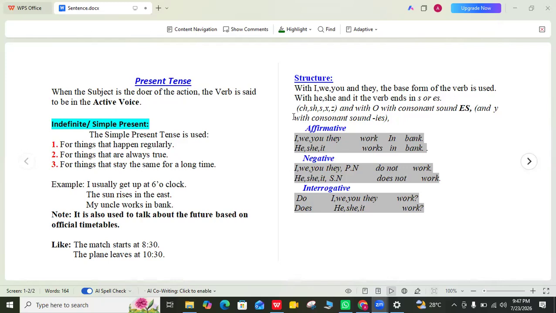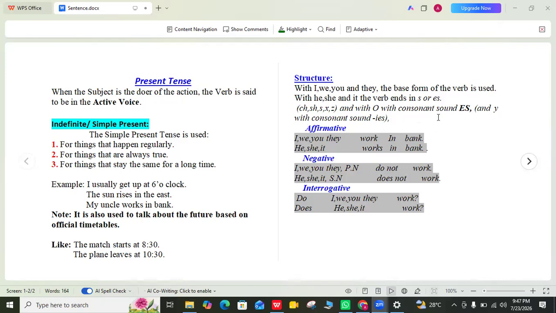But when a word ends with y, and before this there is a consonant sound, then you will add ies, like fly, flies. Okay, so this is the example.